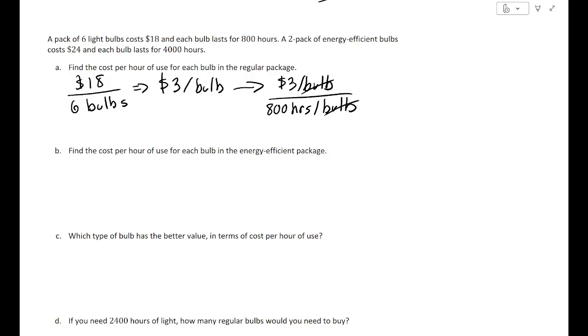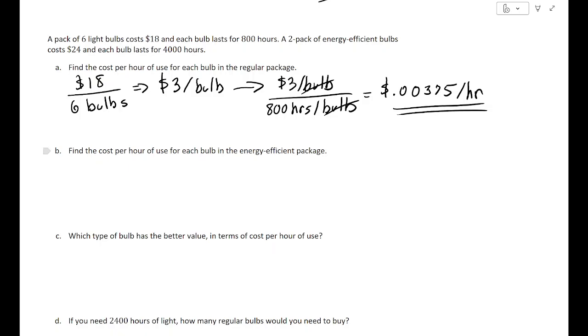So I'm going to do 3 divided by 800, and I can't really round to 2 decimal places because it goes much further than that, so we're going to go a little bit further. We're going to get 0.00375 per hour. So that's how much it's going to cost per hour of use for each bulb. Less than a penny. But that's what it is.